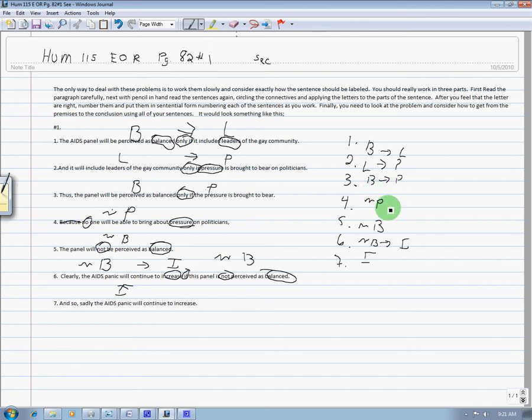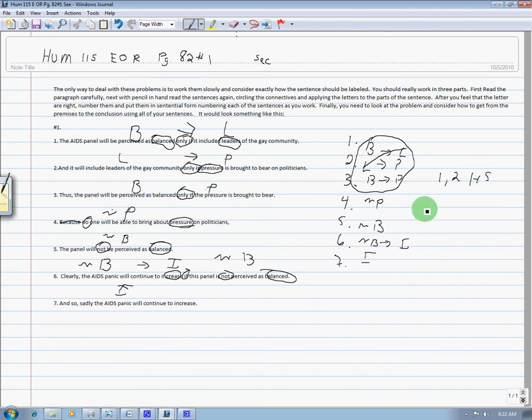Okay, so here in these three, I noticed something. Oh, wow, look at my L's drop out, and then I get if B then P, and I know from 1 and 2, here at 3, I have a hypothetical syllogism, and you're so smart that you already knew that, so I don't have to worry about that.